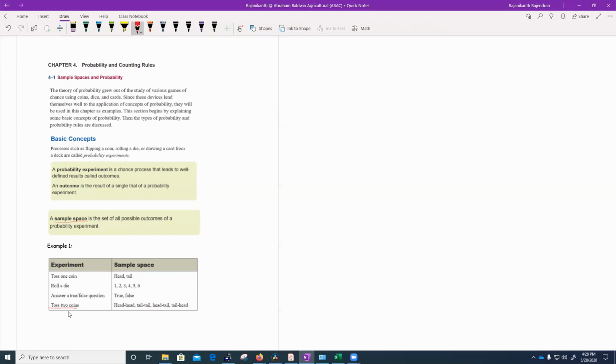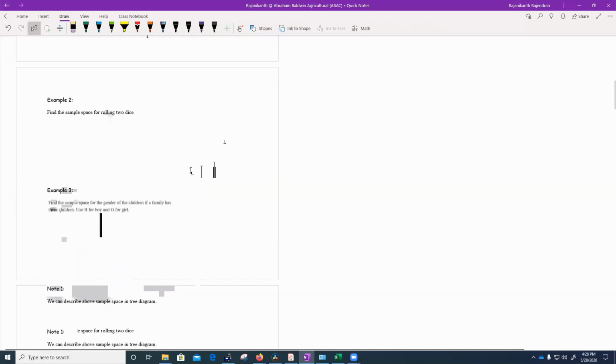Well, you may get both of them as heads, or both of them as tails, or one coin heads and the other tail, or the first coin tail and the second one heads. So there are a lot of possibilities, right? Now, if you look at each possibility and put them all under one set, that is going to be my sample space for the particular probability experiment.